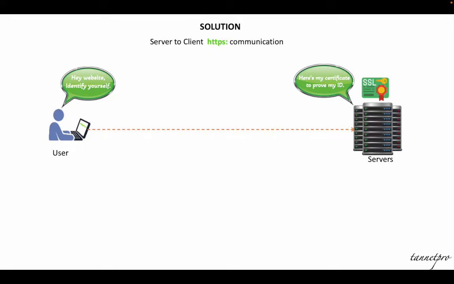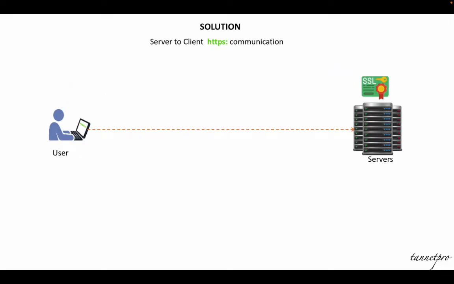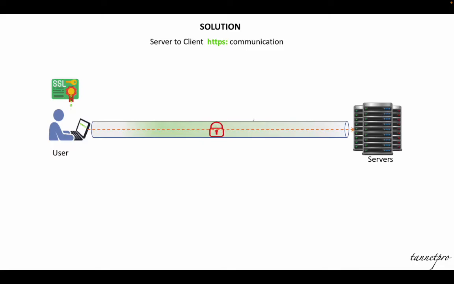Once he shows this certificate, it sends the certificate to the user. The client reads the entire certificate, including the private key, public key and other details, to check whether it is valid. If it is a valid certificate received from an authenticated server, then it establishes an SSL encrypted session, because SSL, the secure socket layer, is based on the certificate.